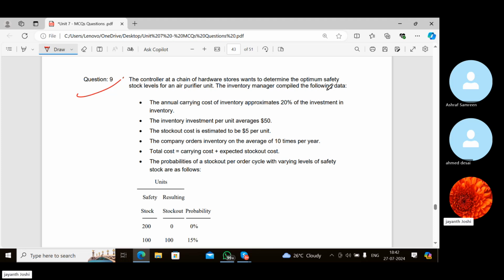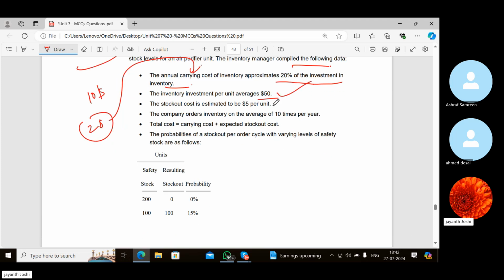Inventory manager compiled the following data. Annual carrying cost of inventory approximates 20% of the investment in inventory. So let's say it is $10. So of that, $2 is the annual carrying cost for them. Inventory investment per unit averages $50. Stock out cost is $5.